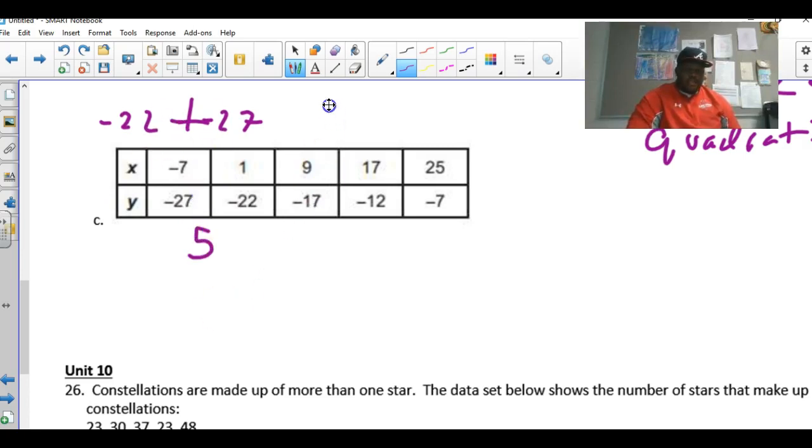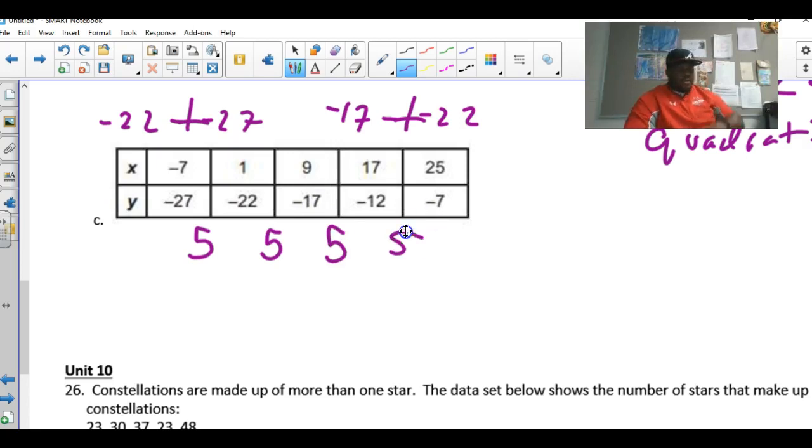If I go negative 17 minus a negative 22, that becomes negative 17 plus 22, which is 5. If I do negative 12 minus a negative 17, I get 5. And again, 5, okay?